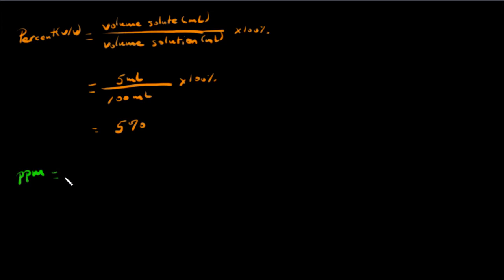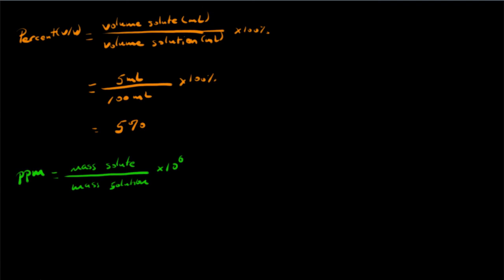So we would take, like before, the mass of the solute and divide that by the mass of the solution. But instead of just multiplying by 100%, here we multiply by a million, so times 10 to the 6. And this is primarily useful for extremely small numbers.